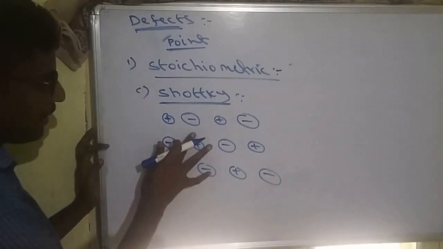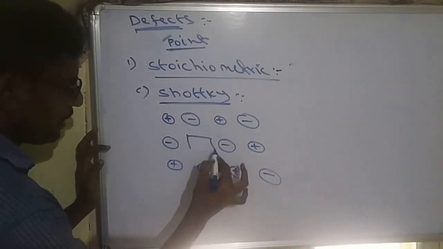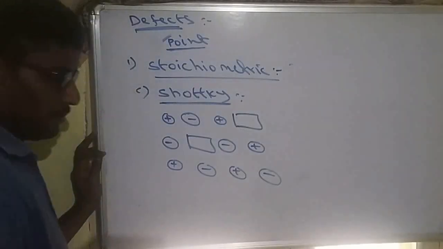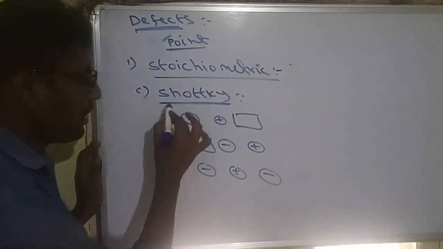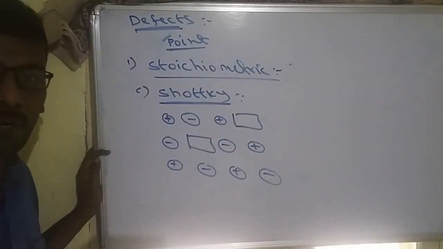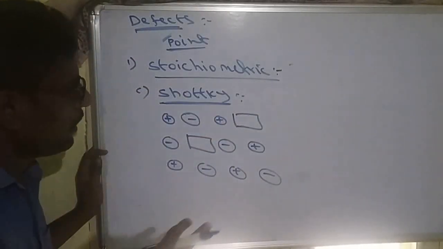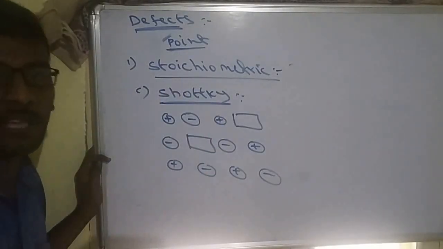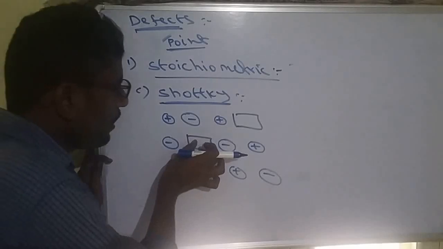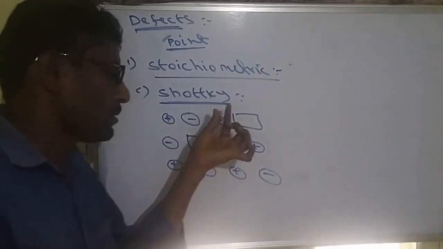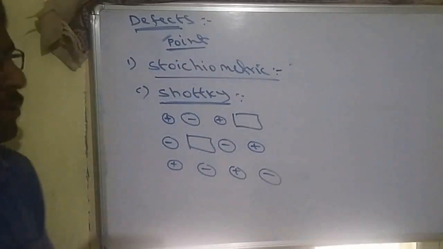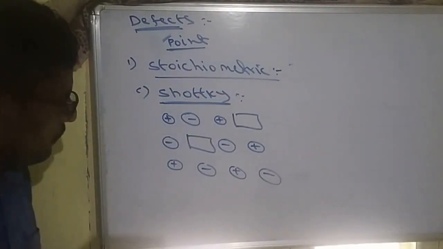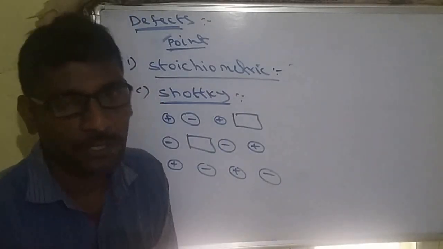Suppose a positive ion is missing from here and a negative ion is missing from here. Since it is stoichiometric, the composition must be the same. So however many positive ions are lost, the same number of negative ions will also be lost. Such defects are called Schottky defects.